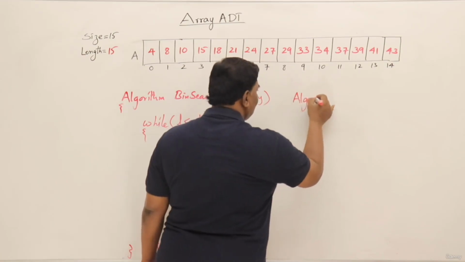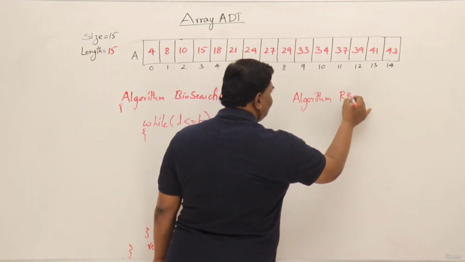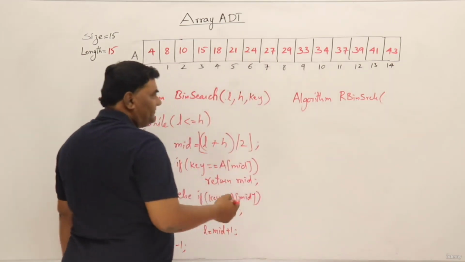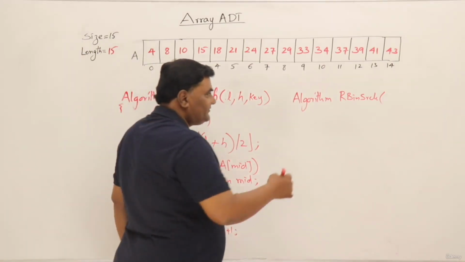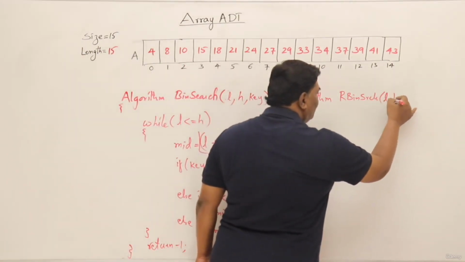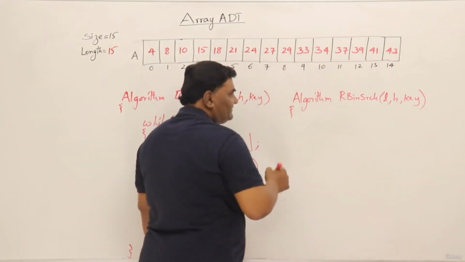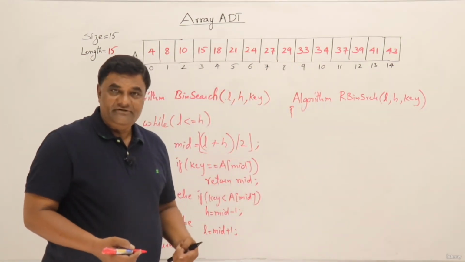Algorithm R binary search. What are the parameters it needs? Same parameters, low, high and key. These are the three parameters. Now as it is recursive, it will be calling itself.